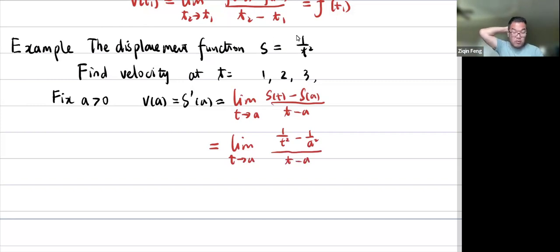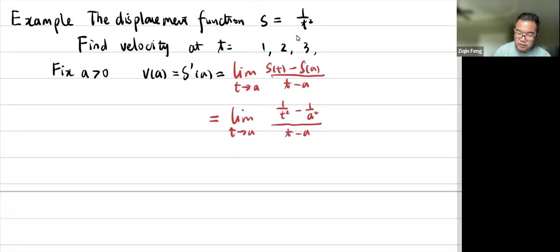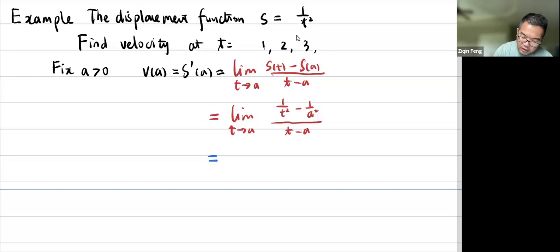Now we want to cancel the 0 term, which is t minus a, a term equal to 0 as t gets closer and closer to a. We don't need very fancy tricks. All we need is to factor t minus a out of the numerator. Take a common denominator: a squared minus t squared over t squared times a squared, over t minus a.